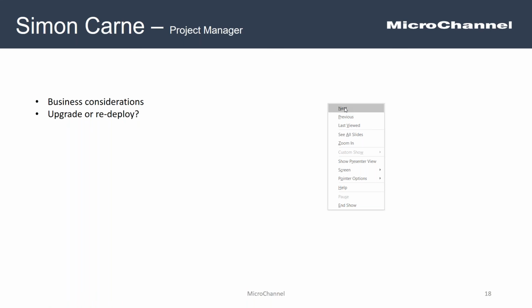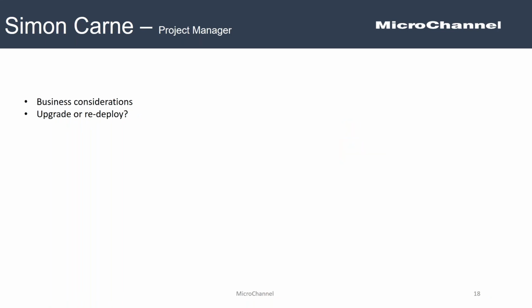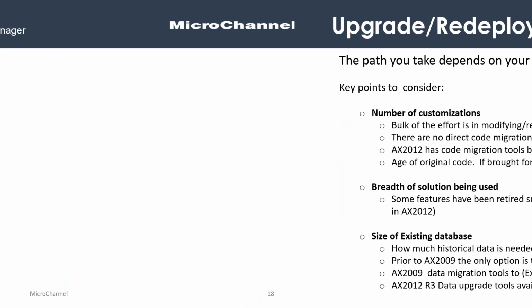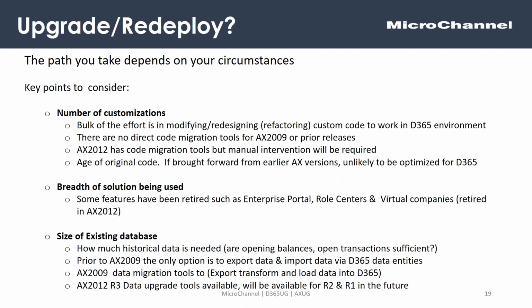There will be a few exceptions to that. The other option is to start with a clean sheet and treat it as if you didn't have AX and you were implementing the product from scratch. There'll obviously be a combination of variations between, but those are the two extremes: you upgrade and take everything that you've got, or you start from scratch.